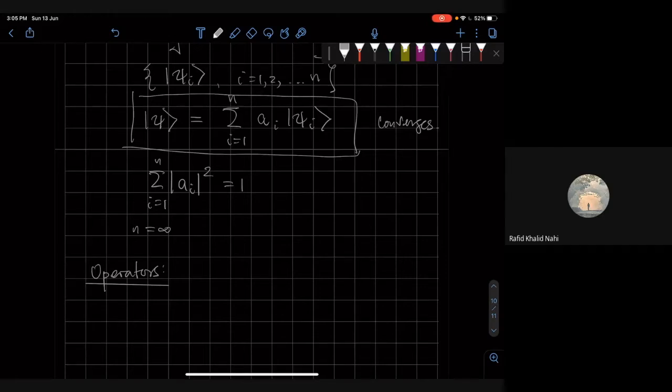We will very soon. Because it'll turn out that these are eigenbases for important physical observables. We have not stated that yet, but we are coming to that.